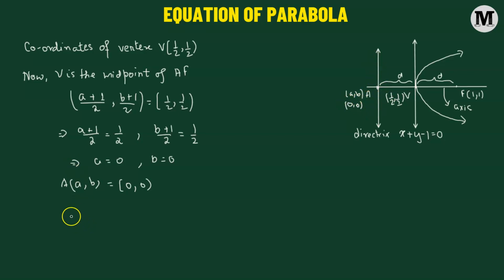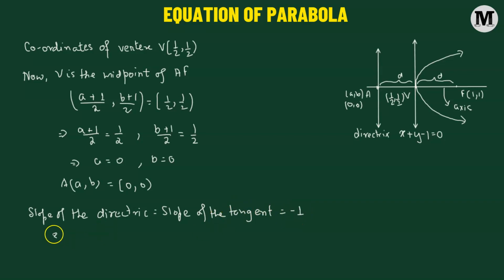Now to find out the equation of the directrix, we need its slope. Now the slope of the directrix line will be exactly the same as the slope of the tangent line, because they are parallel to each other, and we have already obtained the slope of the tangent line, so that's equal to -1.